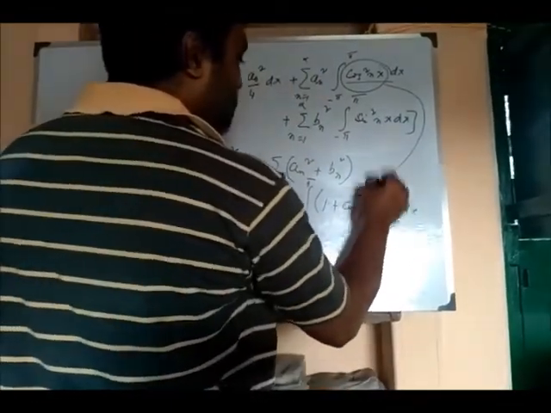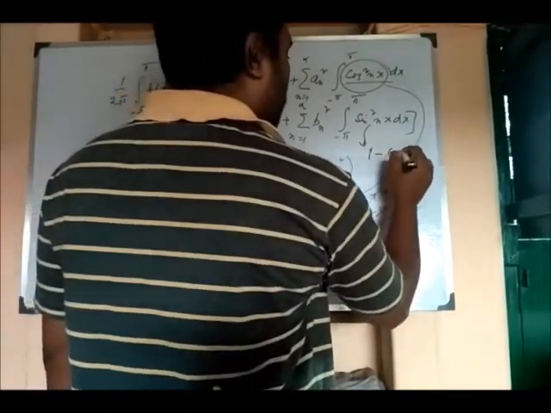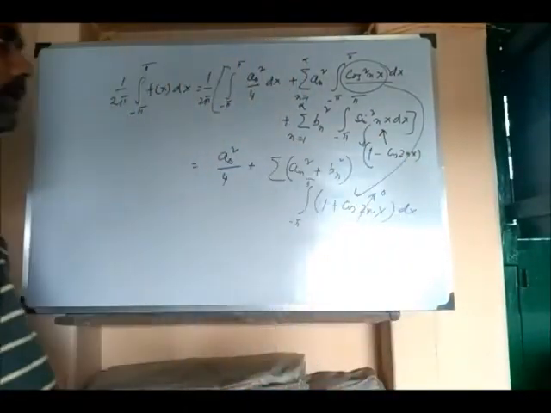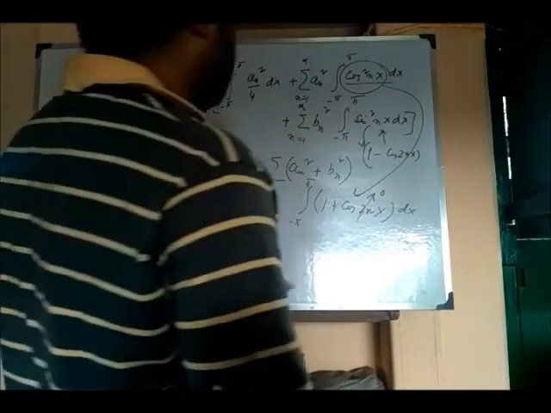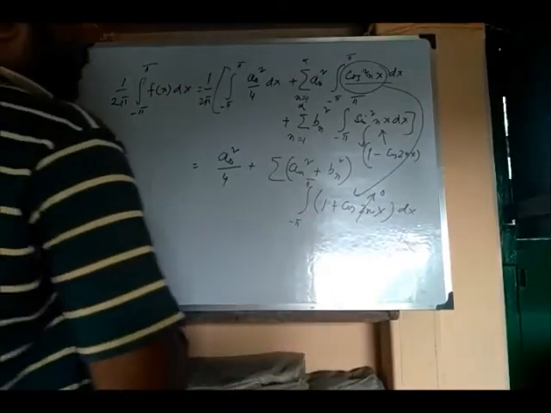So this term will be 0, and the same thing happens for sine square nx. This is 1 minus cos 2nx. Okay, in the case of sine x.